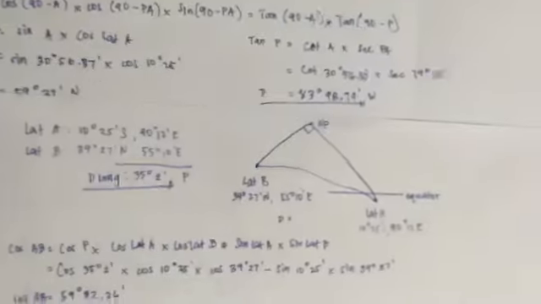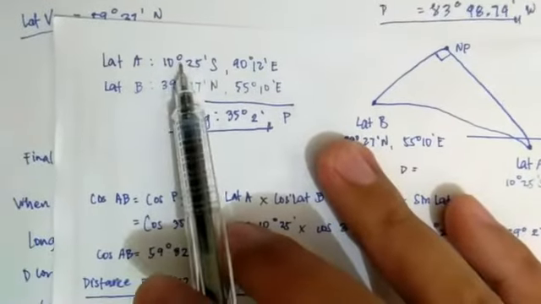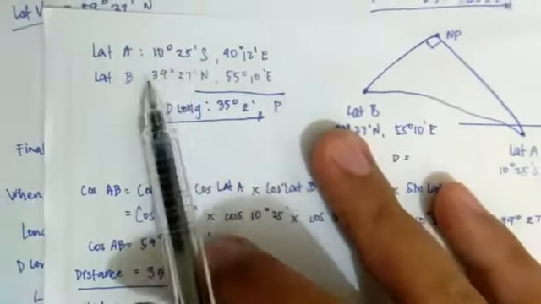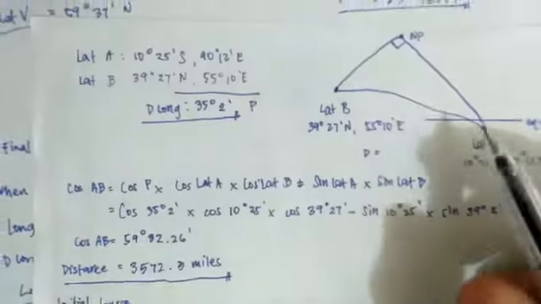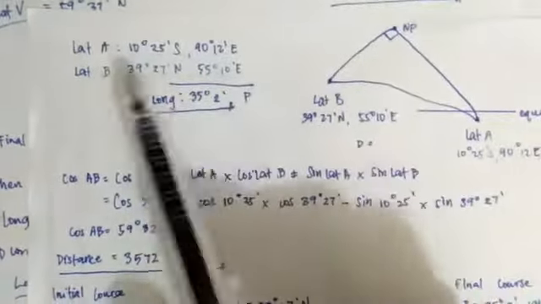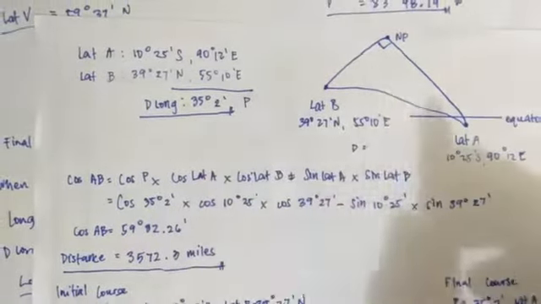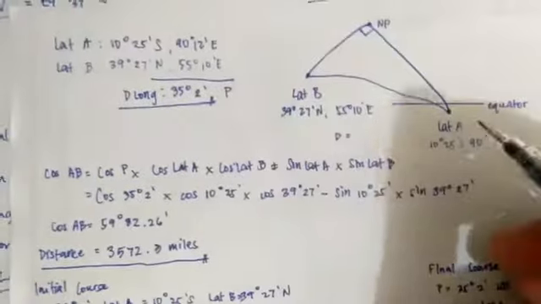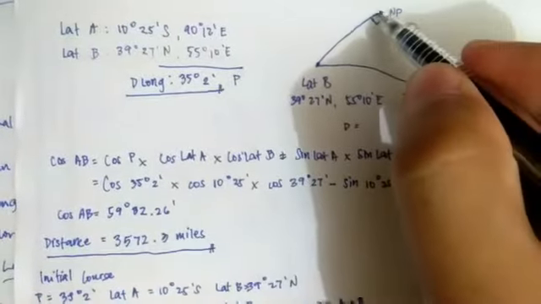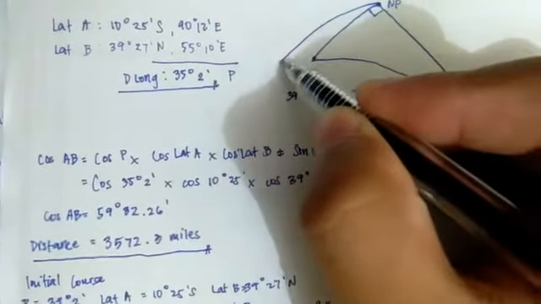So let's plot the vertex, or the position of our vertex, and the longitude of the equator. Since our latitude A has a smaller value than latitude B, when latitude B is bigger than latitude A, the vertex shall be after B. So our vertex will be located here.